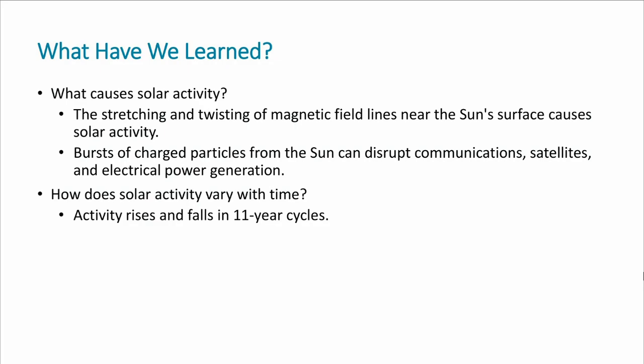That causes your magnetic field lines to get all twisted up, and that can lead to sunspots, then solar prominences, coronal mass ejections, and solar flares, and those events can cause problems for all of the electrical society that we've built on Earth.